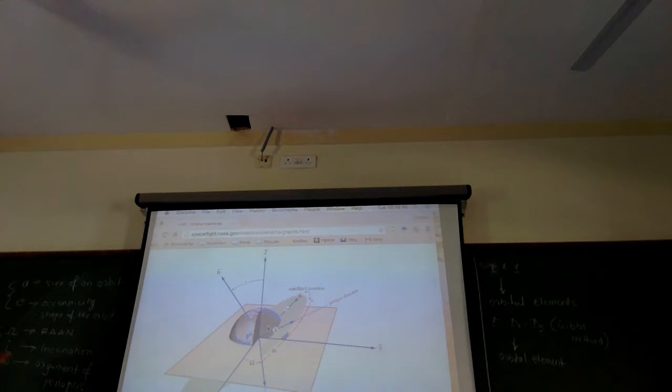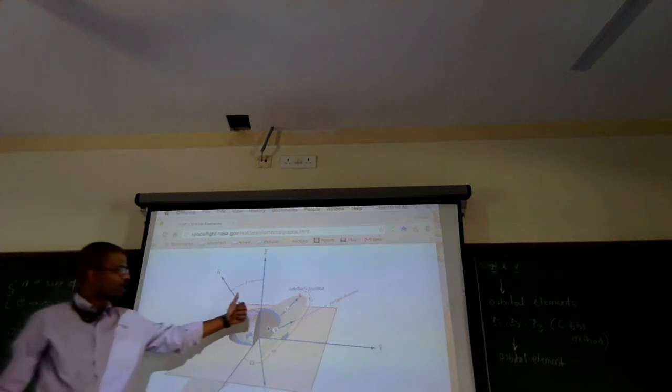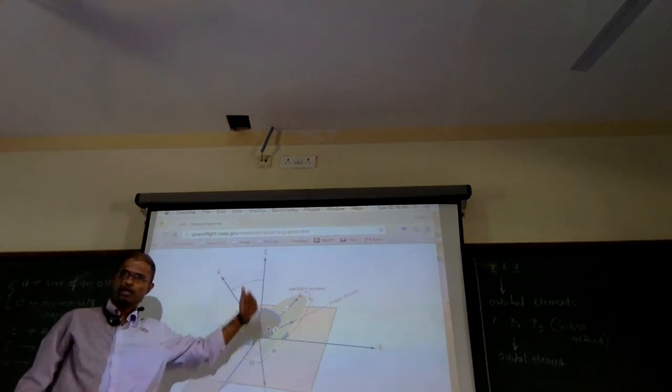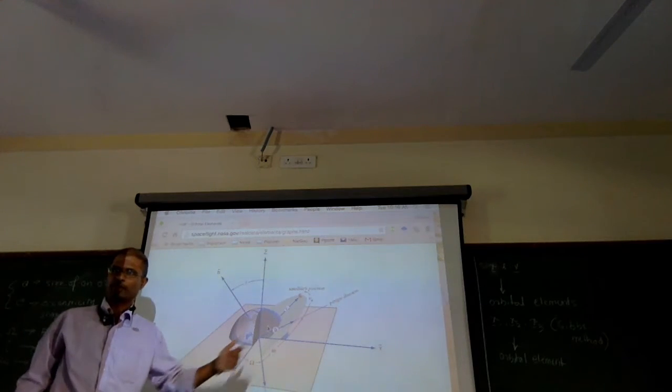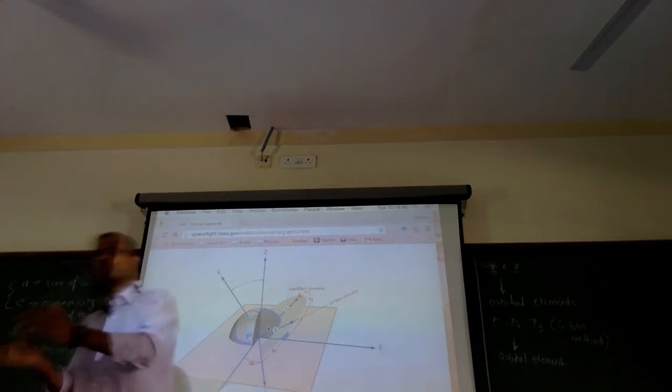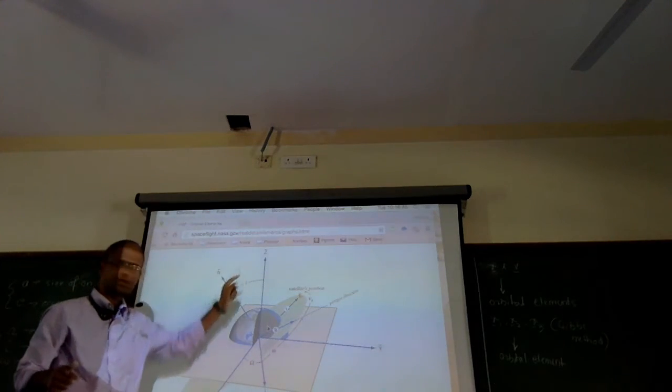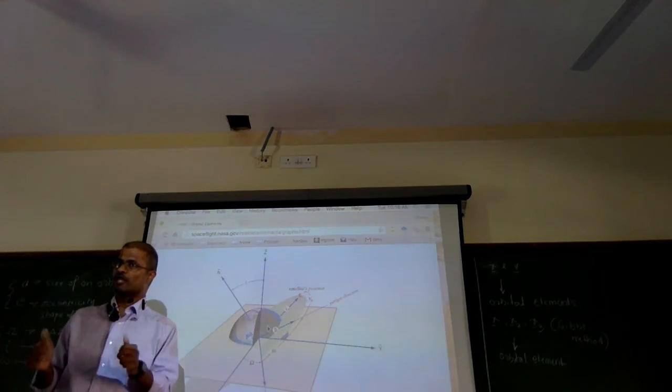So what Euler noticed was, you're in the ECI frame, the XYZ frame, and you do a 3 rotation. Rotation about the 3 axis, or the Z axis.